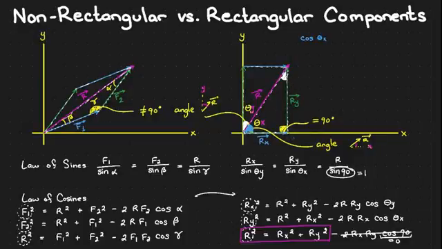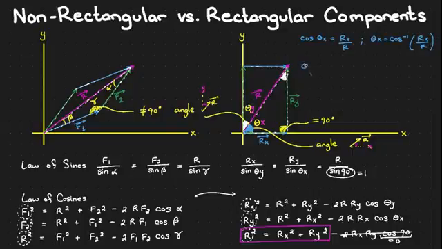If you look at this bottom triangle, the side that is adjacent to theta x is rx, and the hypotenuse is, of course, the resultant. So therefore, by definition, cosine theta x is equal to rx over r. Or, if you're interested in just theta x, that is equal to the inverse cosine of rx over r.